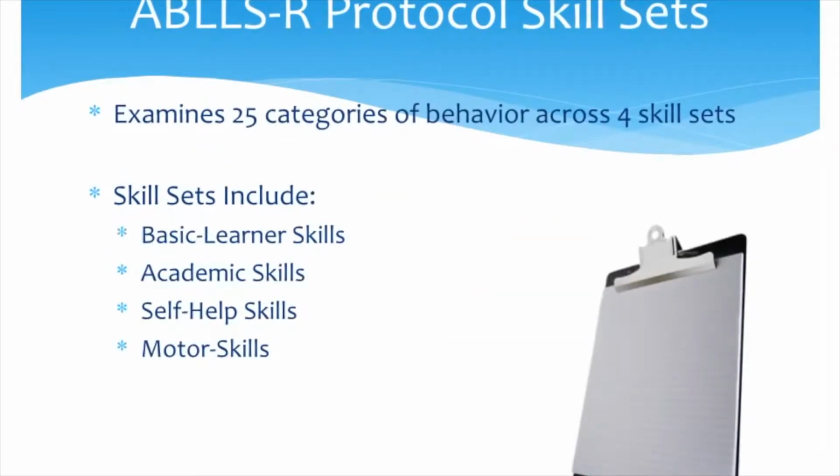The ABLLS-R examines 25 categories of behavior across 4 skill sets. The skill sets include basic learner skills, academic skills, self-help skills, and motor skills. These are skill sets in which learners with autism have a greater need for support.